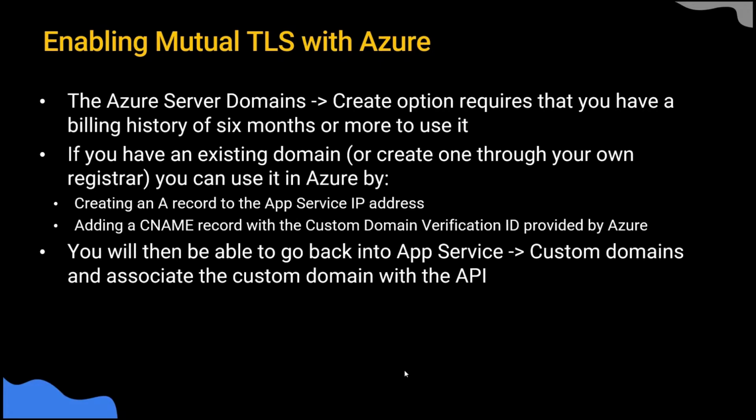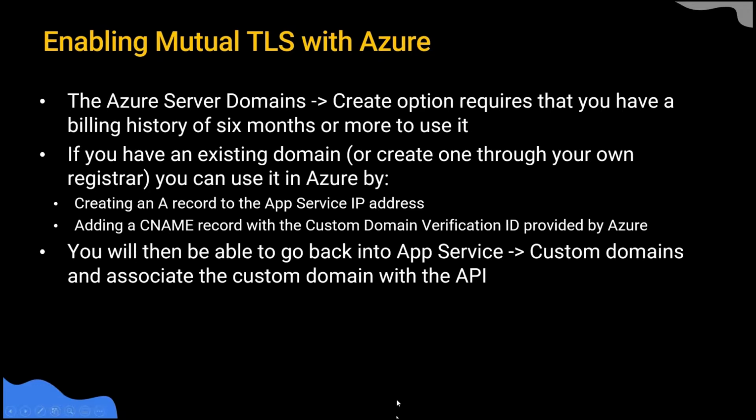You can actually do two approaches. You can either create an A name and just go ahead and map it directly to the IP record, or you can create a C name record according to the values that they provide to you, and then they will know, yeah, you own that custom domain, you're valid.